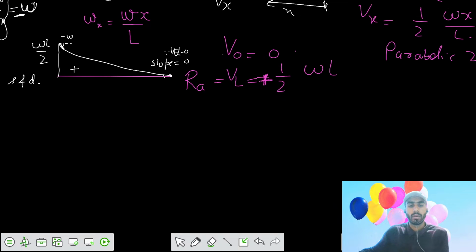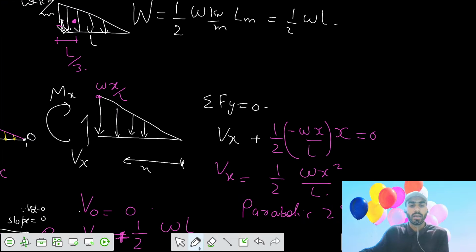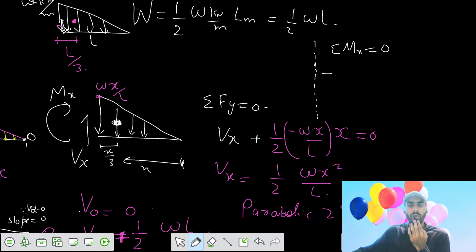Now coming back to the bending moment, let's make a bending moment equation for this beam. Let the centroid of this triangular variation act here, at x by 3. Taking summation of moments at section x equals 0, the shear force Vx acts at the section, so its effect is not there.